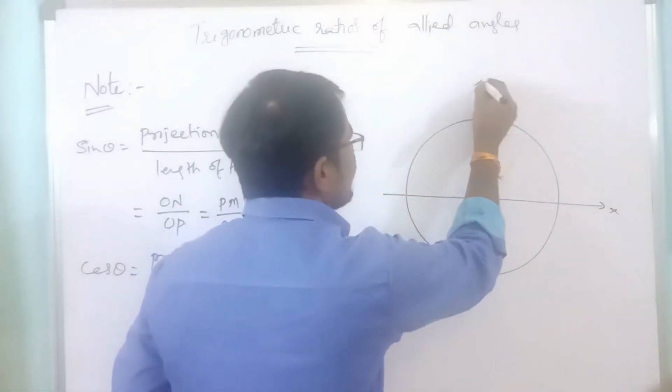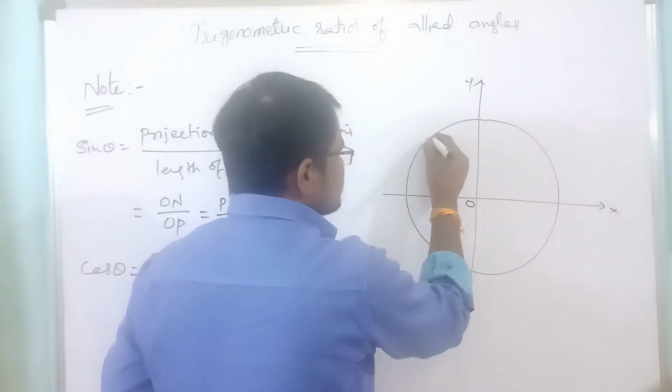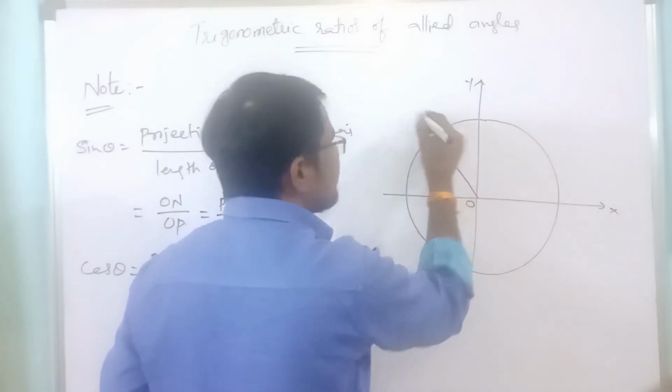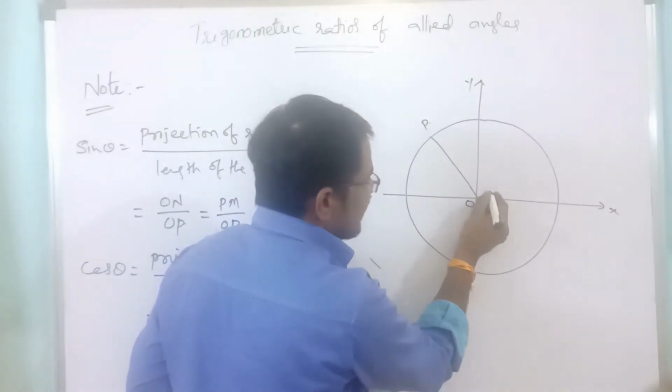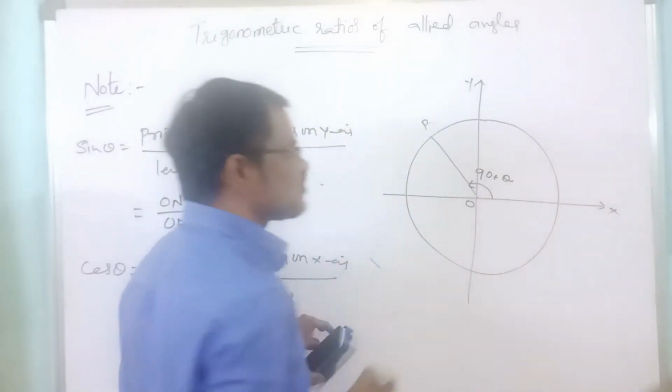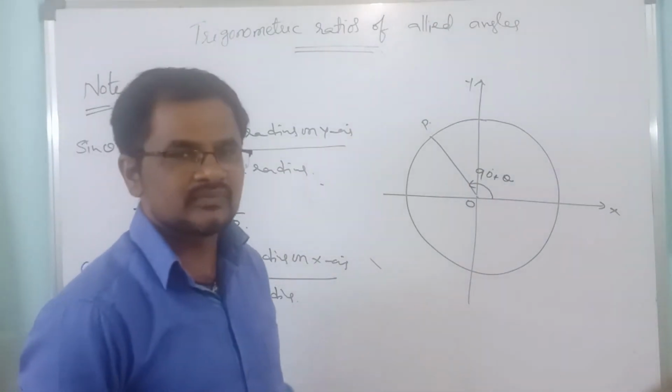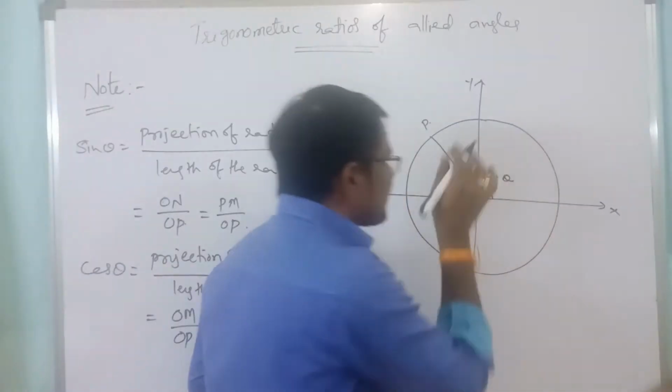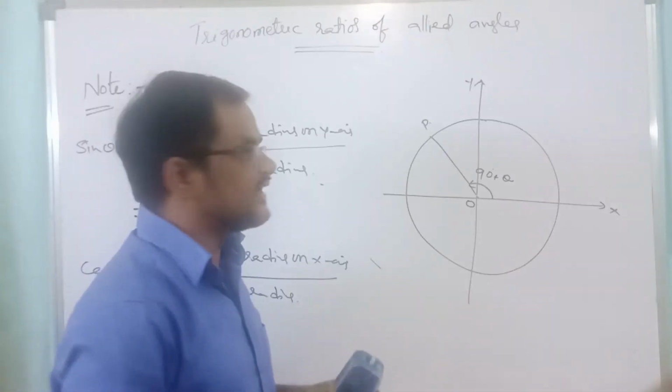Okay, right? Suppose the same point is in the second quadrant like this. This is the x-axis and y-axis, origin, and suppose this is OP. OP makes some angle 90 plus theta with the positive direction of the x-axis, right? For this one, how do we define sin theta?